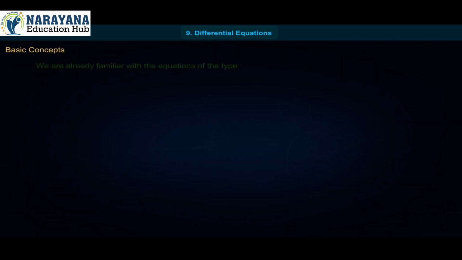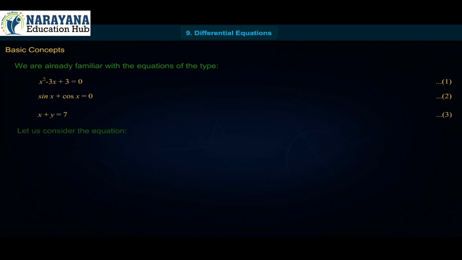Basic concepts. We are already familiar with equations of the type x² − 3x + 3 = 0, equation 1; sin x + cos x = 0, equation 2; x + y = 7, equation 3. Let us consider the equation x dy/dx + y = 0, equation 4.